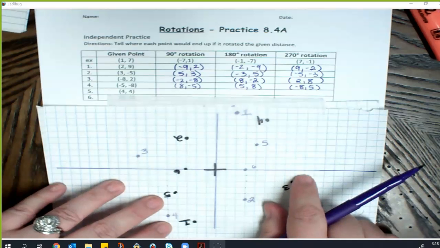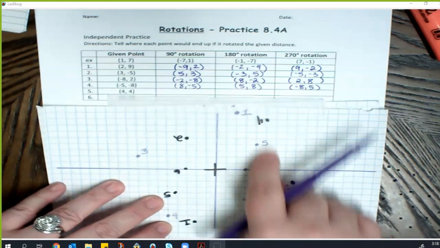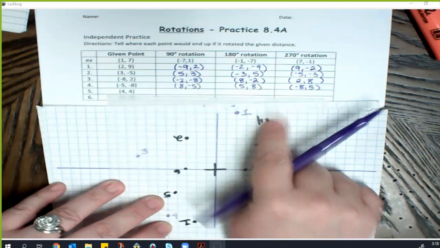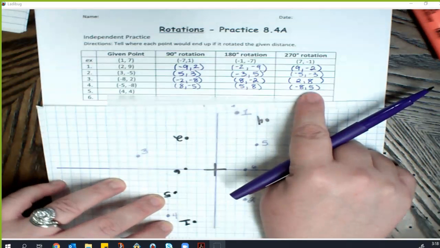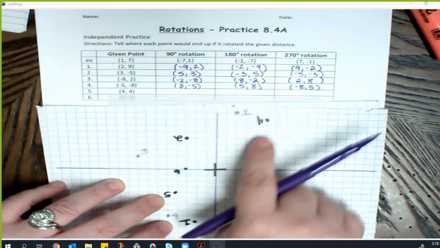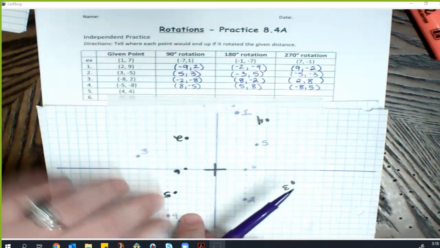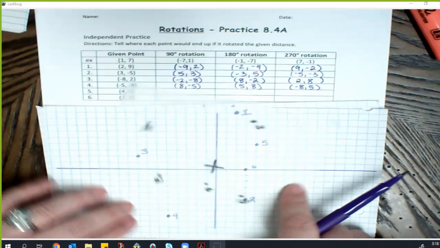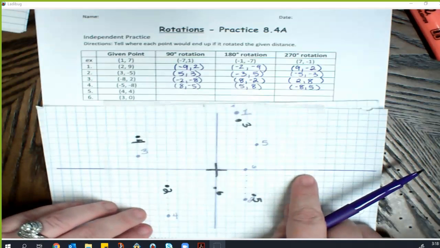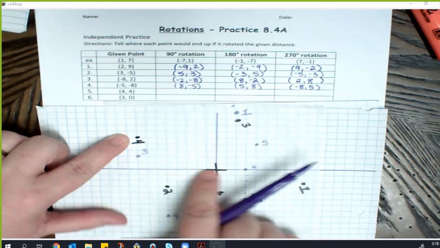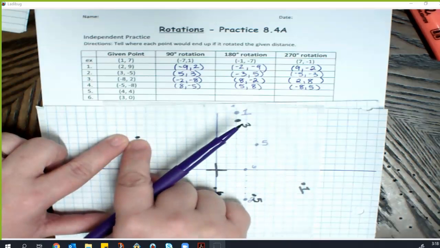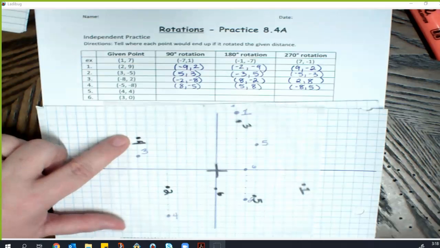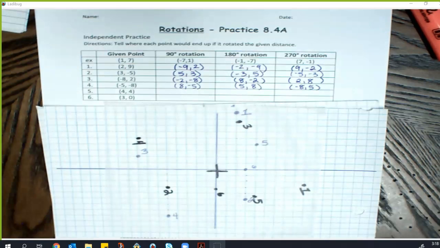That's where I got 5, 8. So that was my 180. 270 is 3 turns. So I've already done 2 turns to get right here. So 1 more turn to make 3. That's where I got negative 8, positive 5. Okay? All right, let's do number 5.